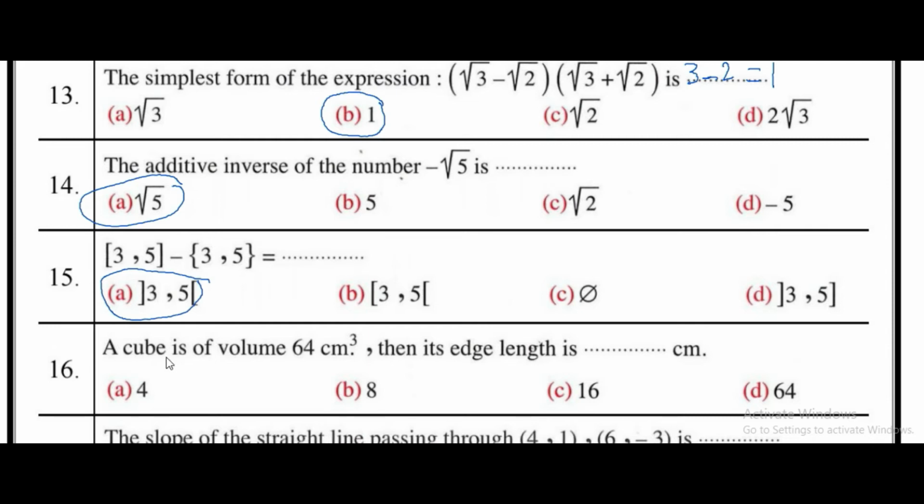A cube, its volume is 64. The volume, L power 3 equals 64. Take the cubic root, L equals 4, the cubic root of 64. The edge length, which is our L, is 4 centimeters.